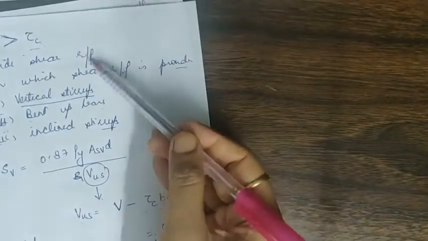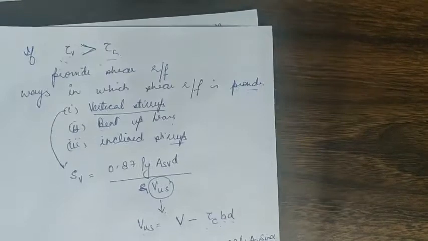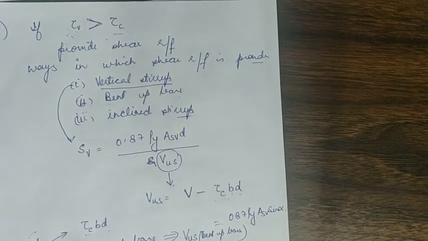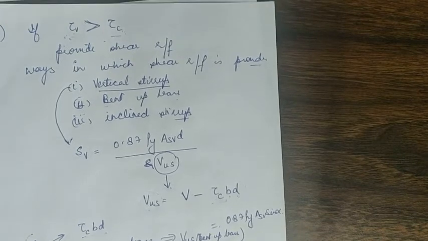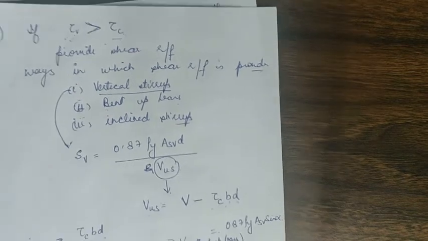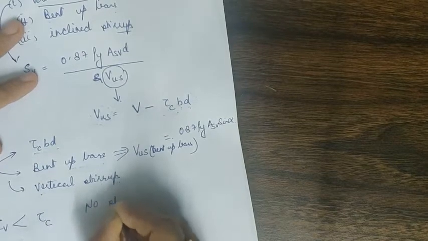Now I talked about if tau V is greater than that, then we will require shear reinforcement. Then the second thing is if tau V is less than tau C, then it means we do not require any shear reinforcement.